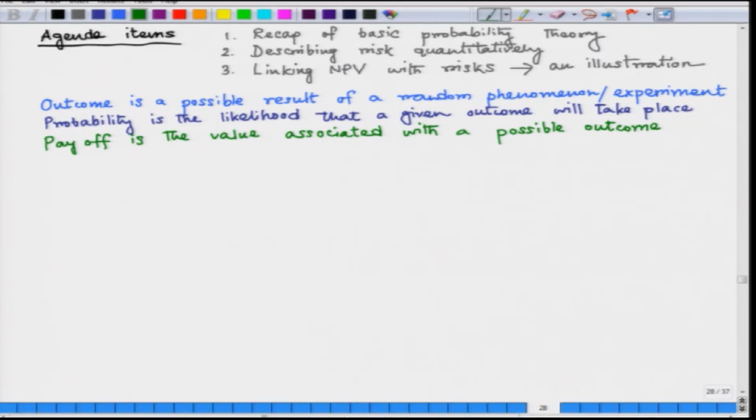Now, we define two important concepts, random variable and its two types, discrete random variable and continuous random variable. Then we are also going to define two related concepts called expected value and variance. These are the instrumental concepts in risk analysis.